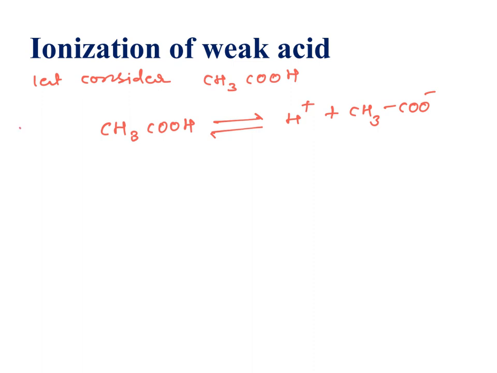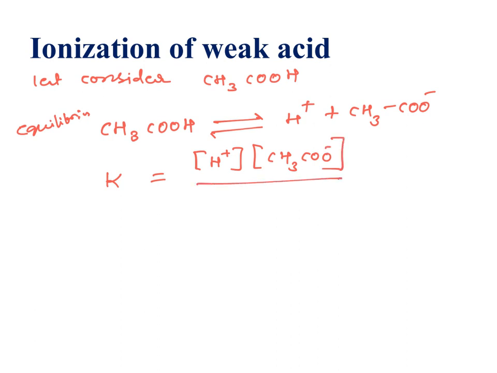Once it forms an equilibrium, we can apply the law of chemical equilibrium condition: equilibrium constant K equal to the concentration of H plus and the concentration of acetate ion, that is, concentration of the products by concentration of the reactant, which gives an equilibrium constant K. Now here it is an acid dissociation, so K we usually write with subscript a, which indicates that it is the acid dissociation constant.